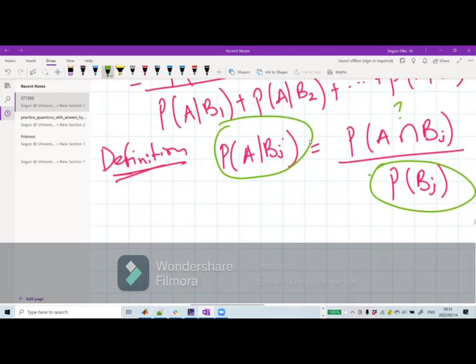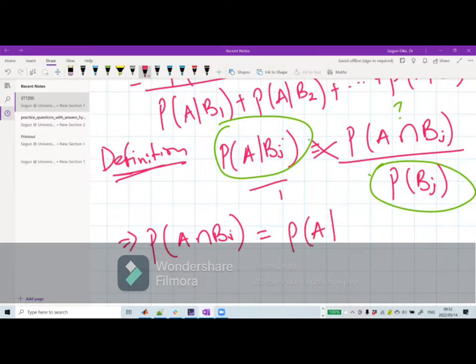So what you need to do at this point is make the intersection a subject of formula. Just say A intersection B J is equals to, you cross multiply. This one will multiply this. It will now be probability of A given Bj multiplied by probability of Bj. That's all.